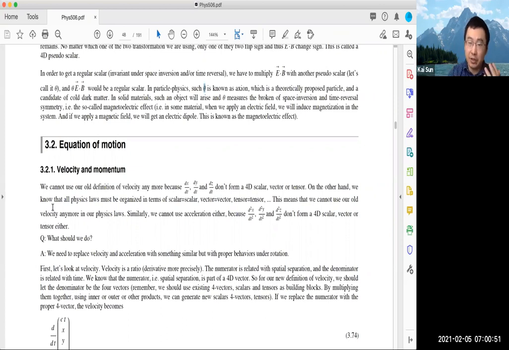We have to modify the equation of motion Newton gives us in order to obey this scalar equals scalar, vector equals vector, tensor equals tensor structure. So in this section, we will start to modify physics laws, not just take the existing physics laws for granted. We need to modify them to make them obey this principle. And of course, when we modify what Newton told us, we need to keep in mind one other important constraint, which we discussed earlier in this semester.